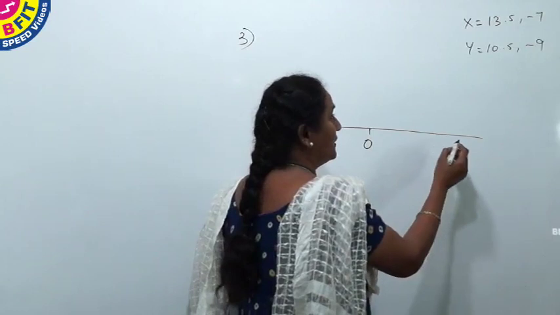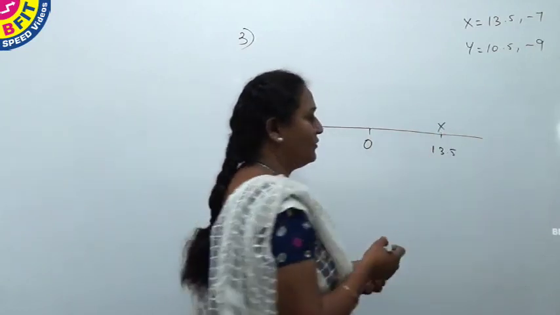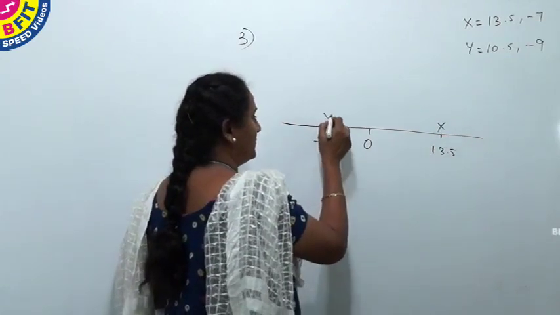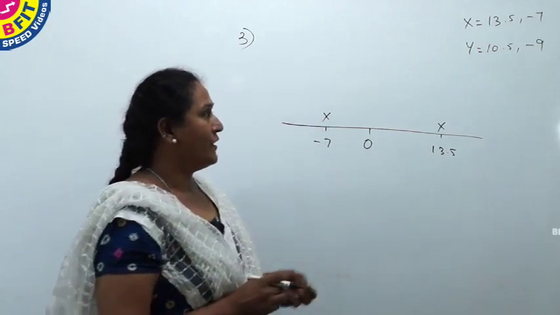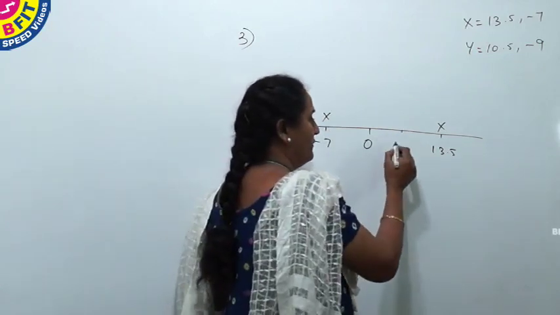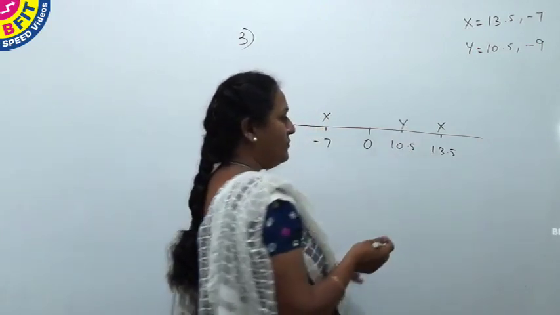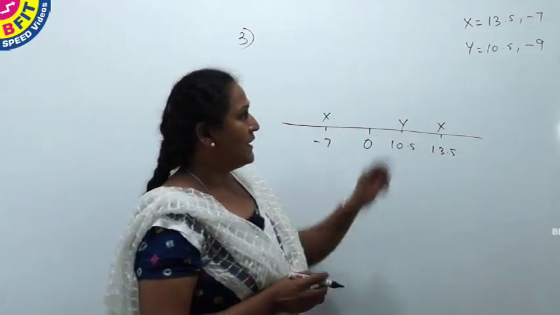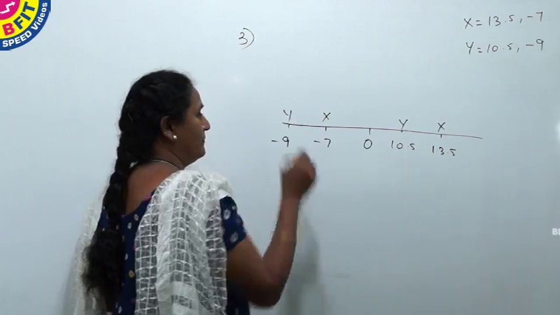So assuming 13.5 is here, we place one value of x here, and the other one, minus 7, on the left hand side of the number line. And for y, it is 10.5, which is lesser than 13.5, so we place it on the left hand side of 13.5. And y is minus 9, which is lesser than minus 7.